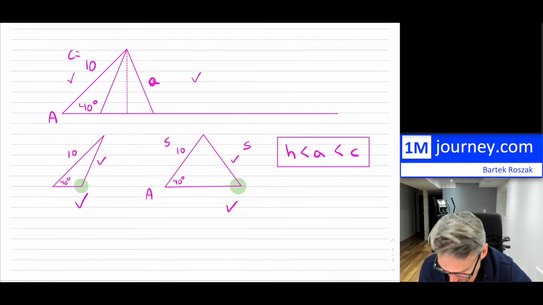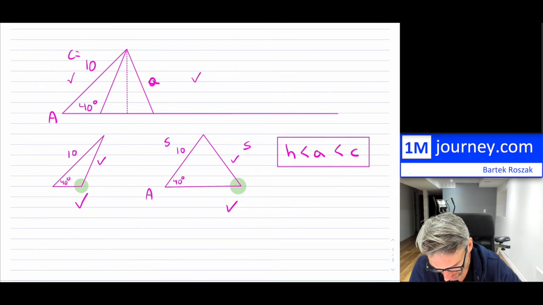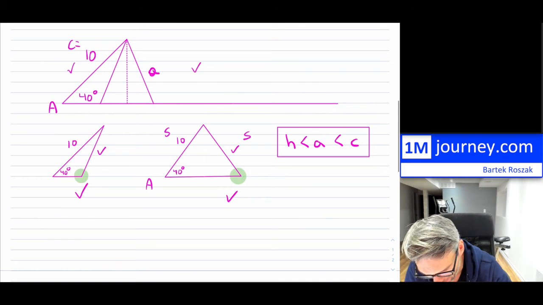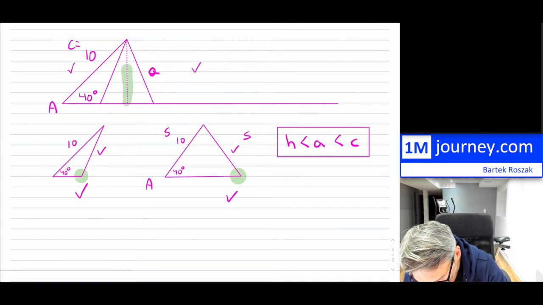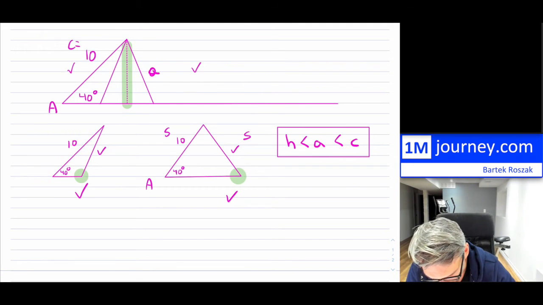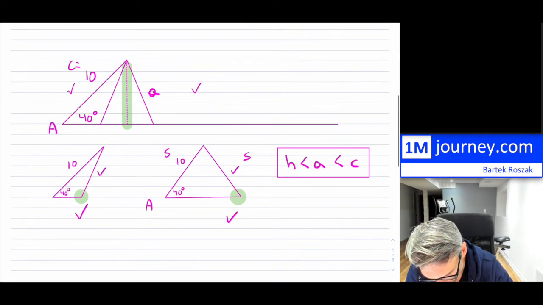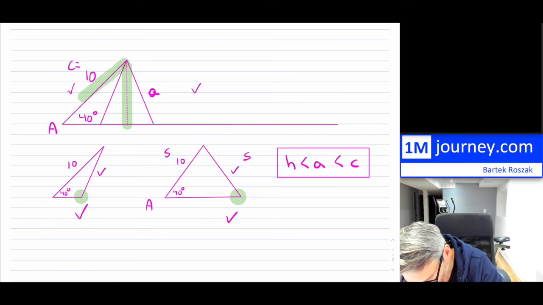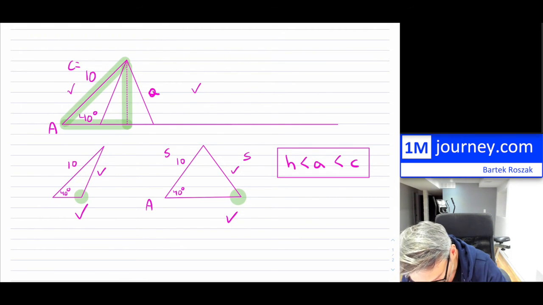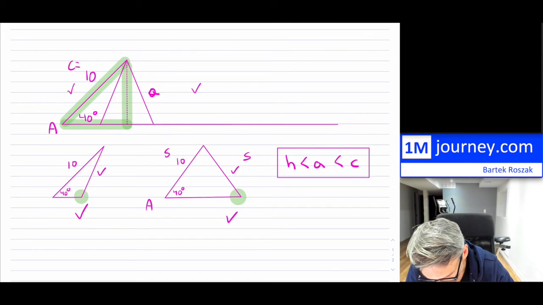So I'm going to just show you what this means. If I was using my sine, and this is my height right here, I can find that height. So let's calculate it. I'm going to take this as my triangle, so I'm using just trig ratios here. This is going to be sine.